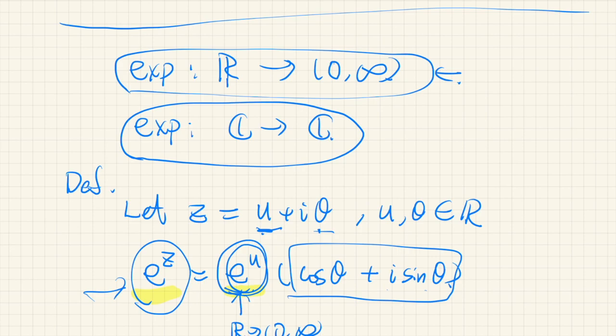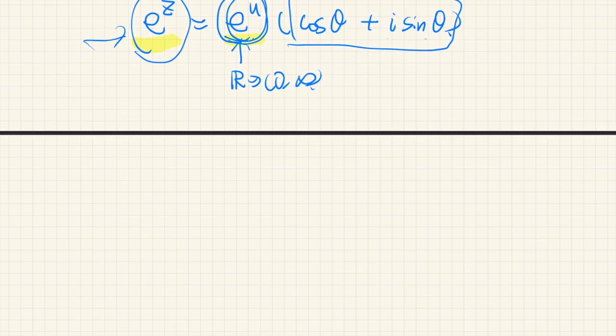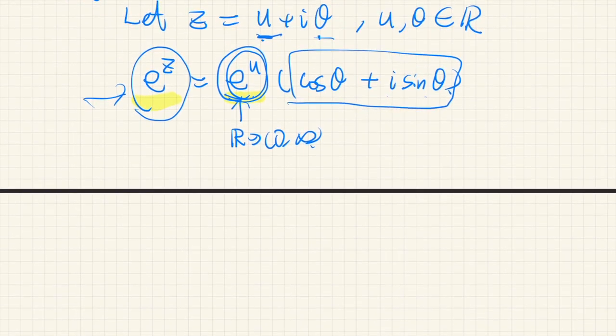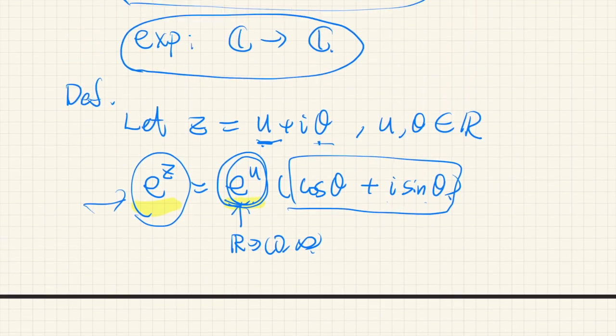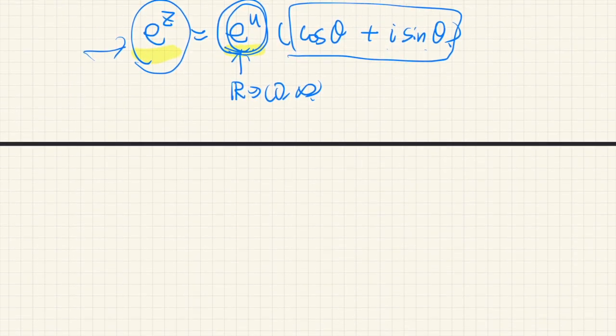So there shouldn't be any contradiction between these two functions. So one way to show that this definition is consistent is to show that it behaves in a similar manner as the real function. Okay, so one way is this.